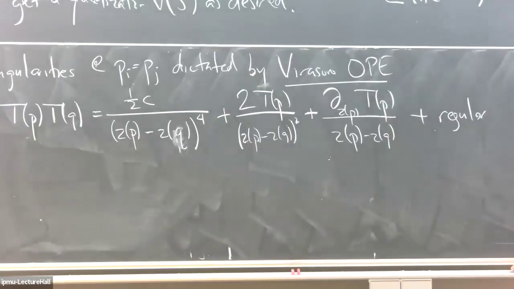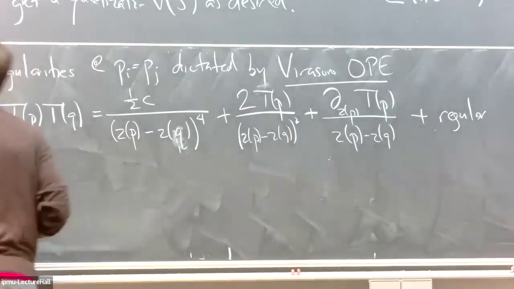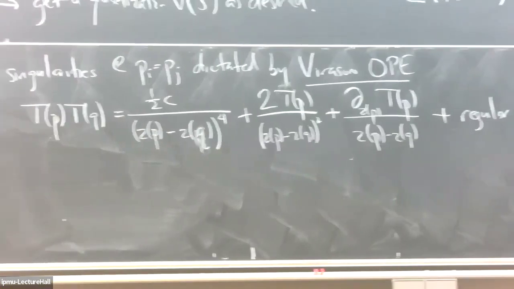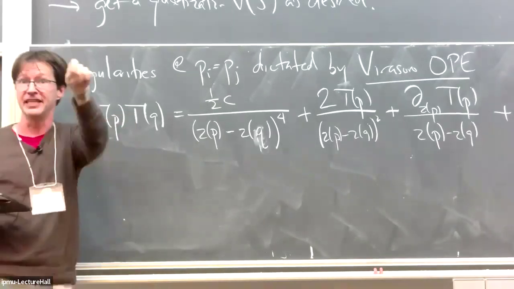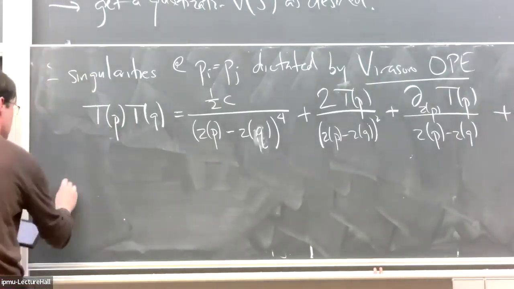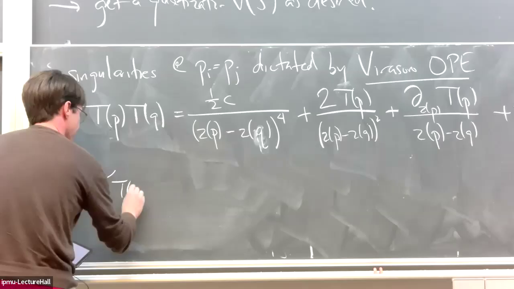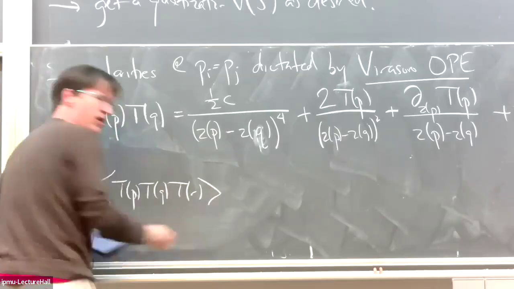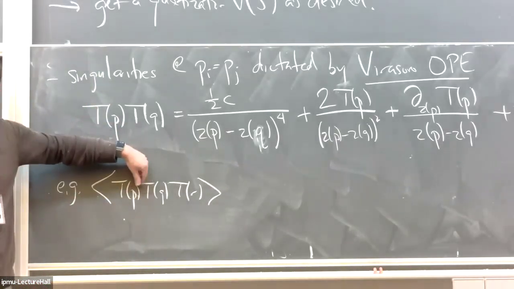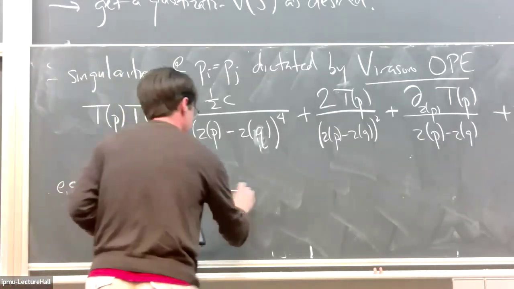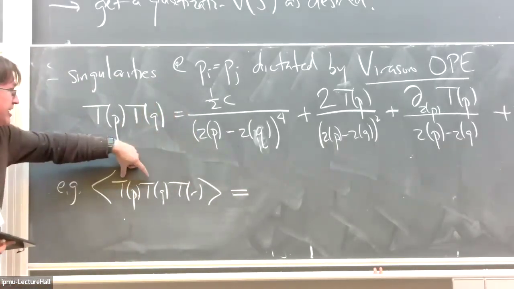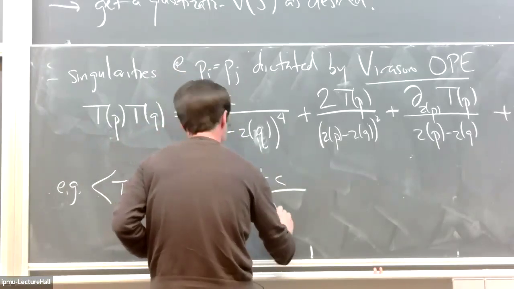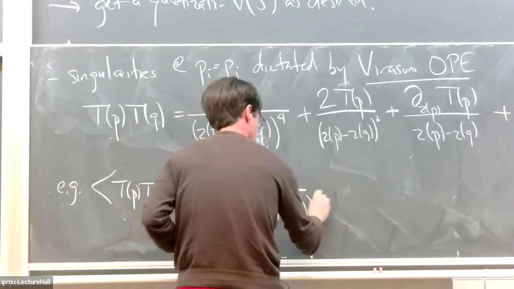Now, what does it actually mean? I'm writing this relation, but the T's, as I defined them here, only had a meaning inside the angle bracket. So what this means is that you're allowed to insert this relation inside the angle bracket. For example, suppose I look at the 3-point correlator T of P, T of Q, T of R, and I look at what happens when P approaches Q. Then the leading singularity I get by taking 1/2 c over (z(P) minus z(Q)) to the fourth.